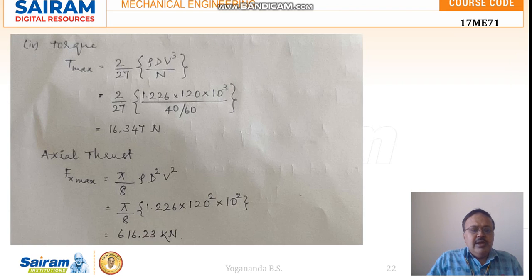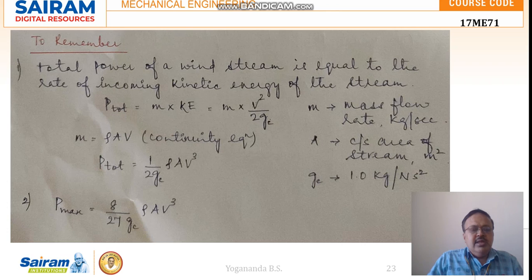Before going to the solution, these are the points to be remembered and the formulas to be memorized. The total power of the wind blowing is equal to the kinetic energy of the blowing wind. The kinetic energy possessed by the blowing wind is the power input, and that is the wind power we are taking.